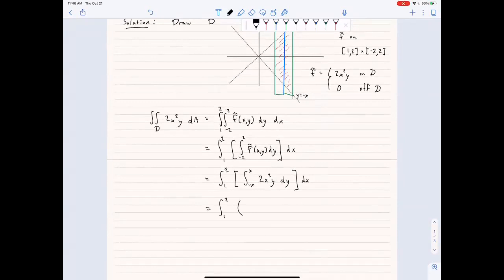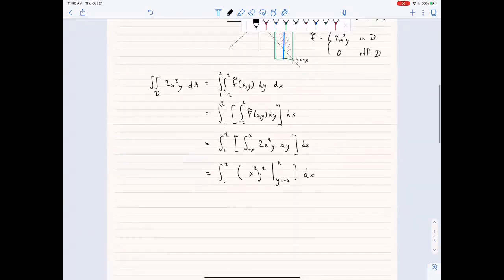So here we'll get x squared y squared, and here we're going from y equaling minus x to x, dx. And we'll put in this value, and you see that you get 0: x to the fourth minus x to the fourth.